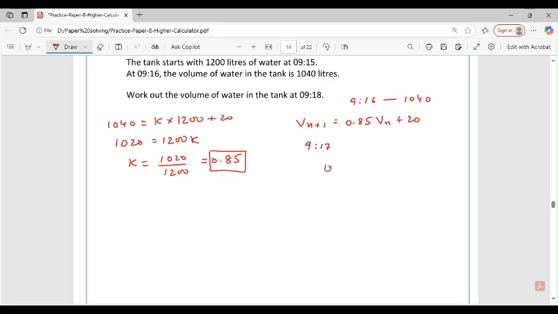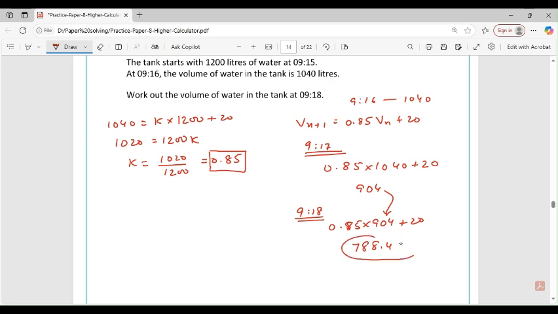So it is going to be 0.85 times 1040 plus 20. This gives you 904. Now for 918, this is the time we are talking about. This value is going to be replaced for the next time: 0.85 times 904 plus 20. So the final answer is going to be 788.4.